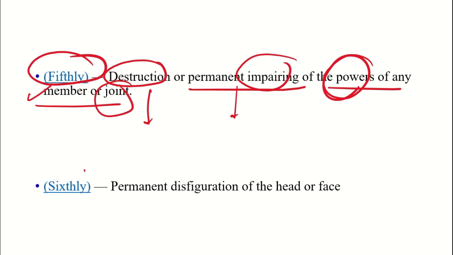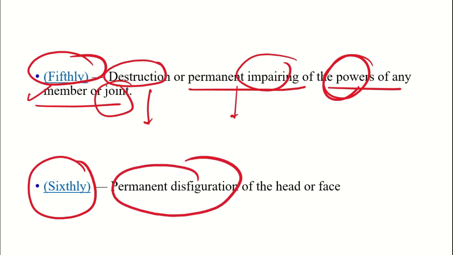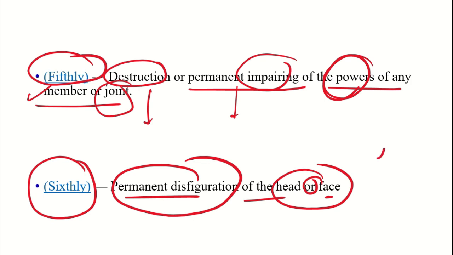What is the sixth clause? It is causing permanent disfiguration of head or face. For example, if somebody has caused a scar on the face, that is causing permanent disfiguration of head or face. So this comes under the sixth clause of grievous hurt.